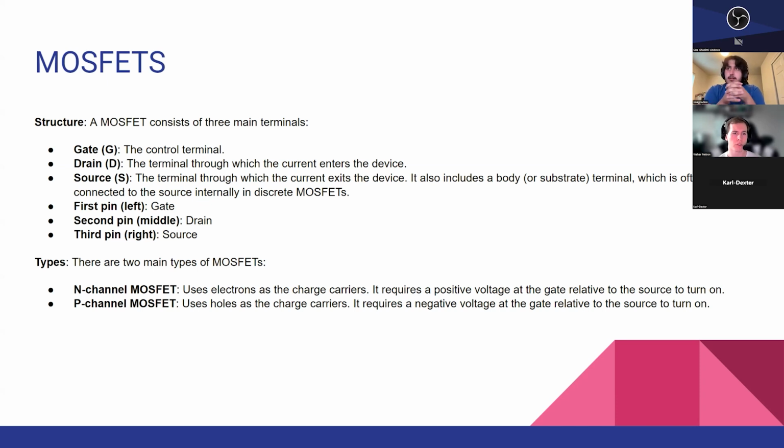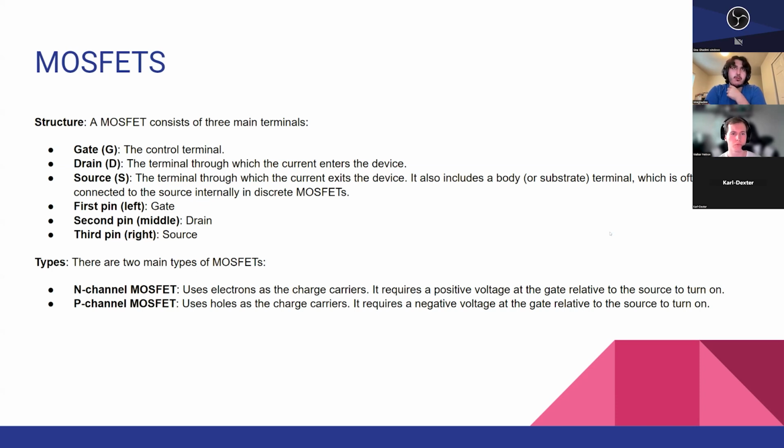Any questions about that? That explains why we need a positive voltage to open an N-channel MOSFET, and why we need a negative voltage to open a P-channel MOSFET.